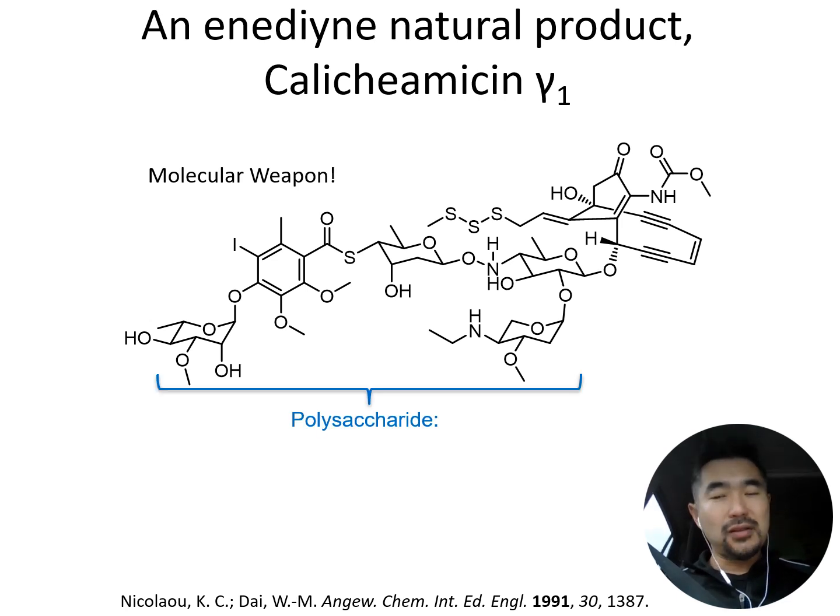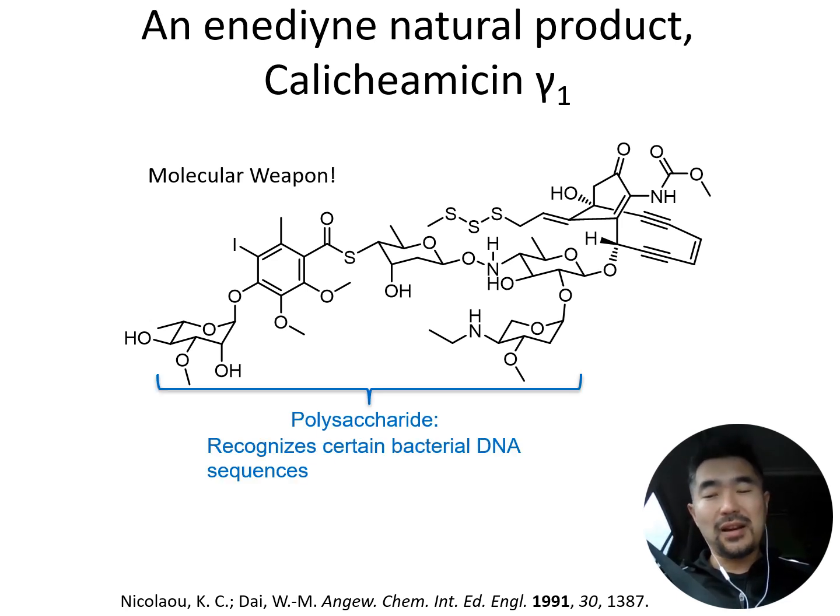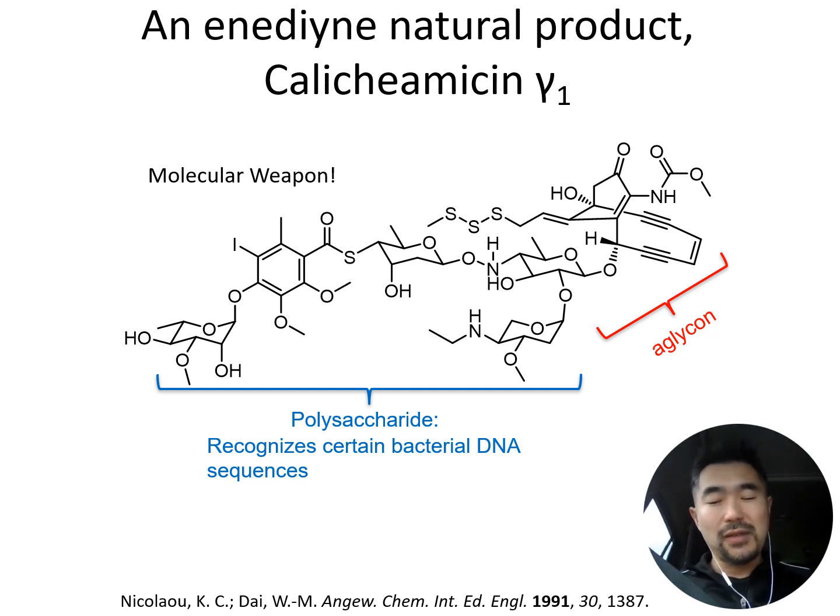The way this works is there's a polysaccharide and an aglycan, or not the sugar part of the molecule. The polysaccharide, like we said, recognizes a certain DNA sequence. The aglycan, or not the sugar part, that's what the word aglycan means, is considered to be the warhead of this, almost like a molecular weapon.